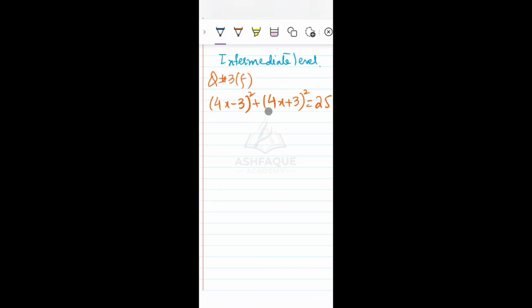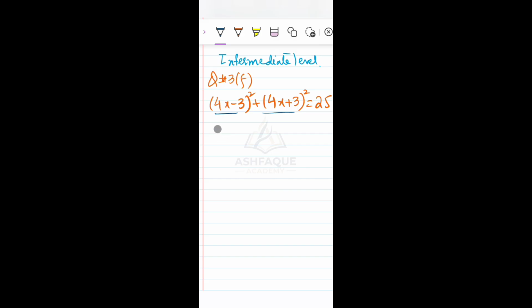Now we choose a bit difficult level of a question. What we have is (4x minus 3) whole square plus (4x plus 3) whole square is equal to 25. So what we have to do, we will solve the whole squares separately.